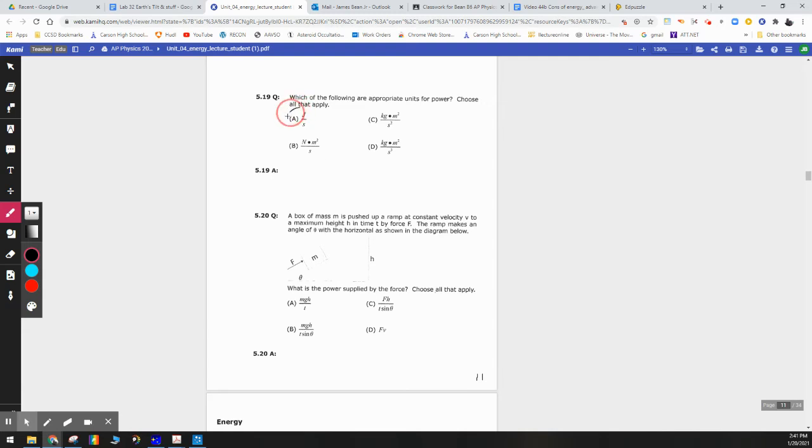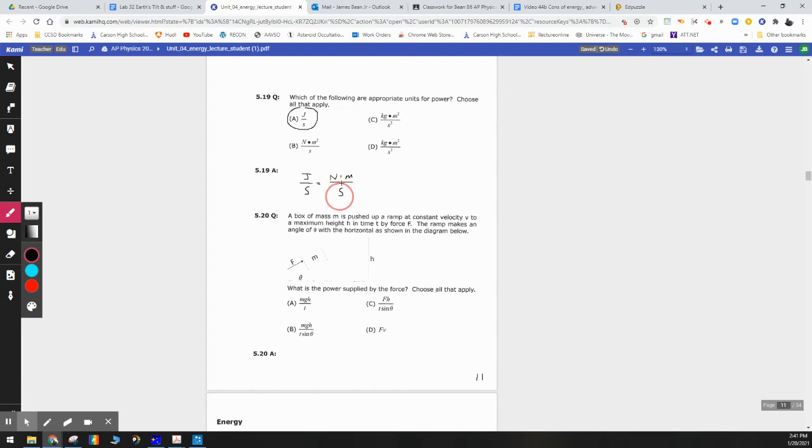So I'll give you a hint here. Clearly this one here is one of them, joules per second. Now off to the side here, I'm going to help you out a little bit. Here we have joules per second. Joules is also newton times meters over seconds.